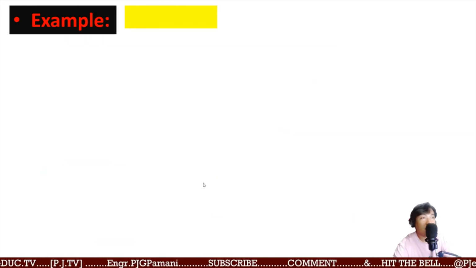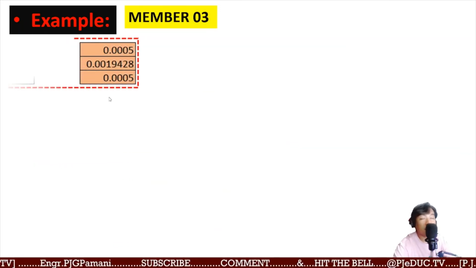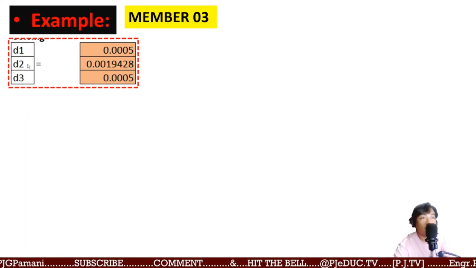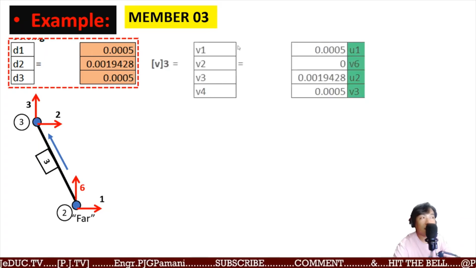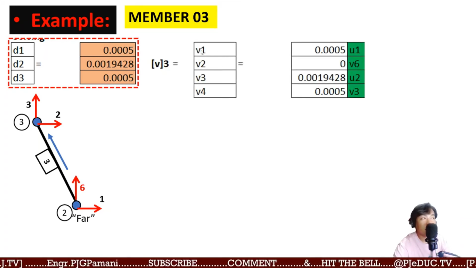And lastly, for member 3, deflection 1, 2, and 3. Member 3, node 2 to 3, 1, 6, 2, 3. Apply on the end displacement of global coordinate system: U1, V6, U2, V3, based on near and far nodes.